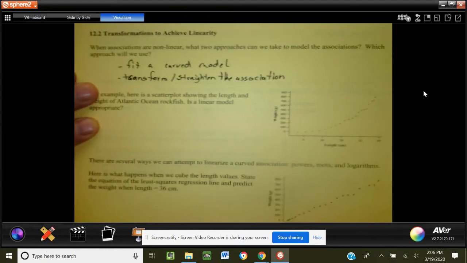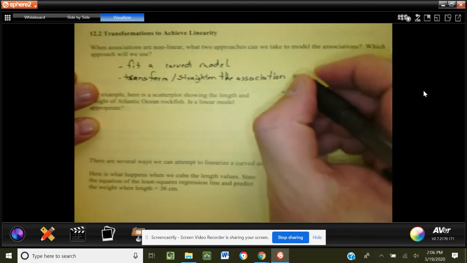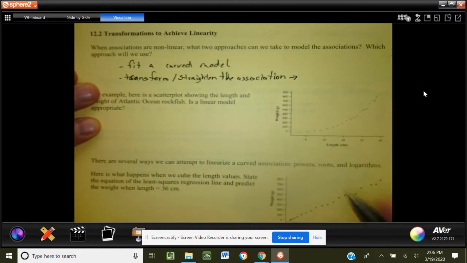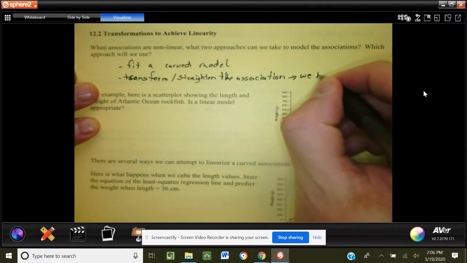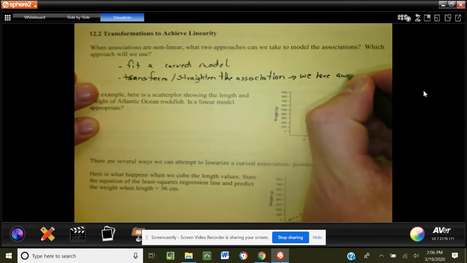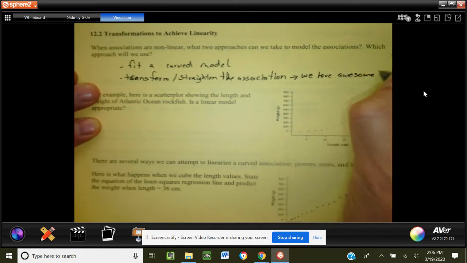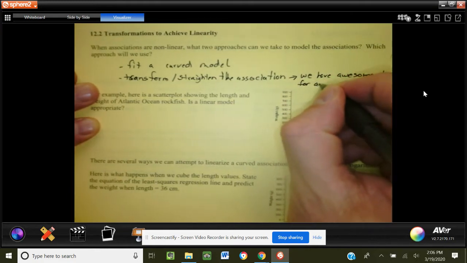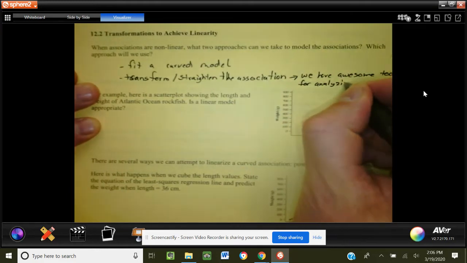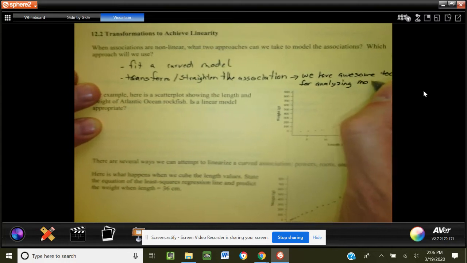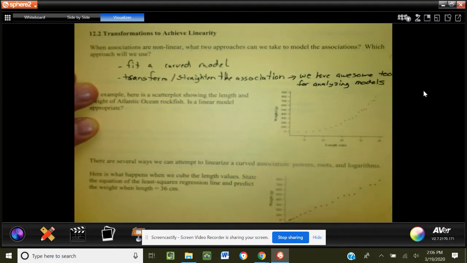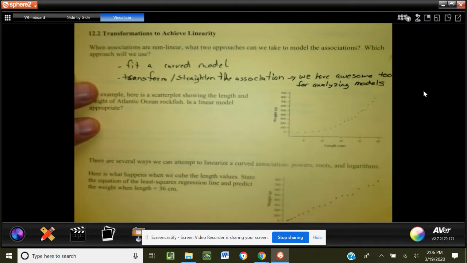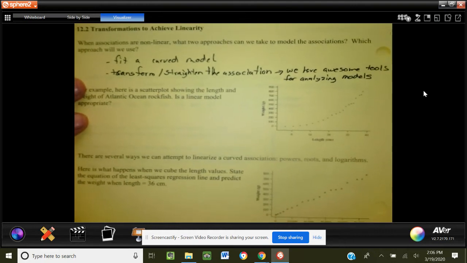Well, this would be the best choice because we have awesome tools for analyzing linear models, and a lot more tools for analyzing linear models. So that actually is a little bit better route to go in a case where the data looks curved.